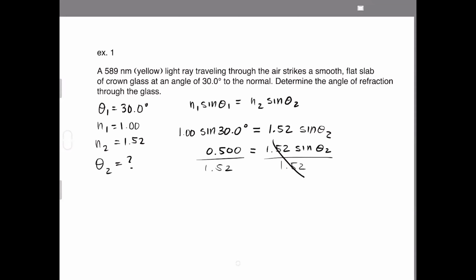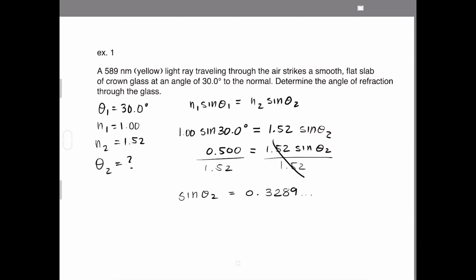And then I end up with sine of theta 2 equals 0.3289. And there's a few more decimals after that, but we could just leave it there.